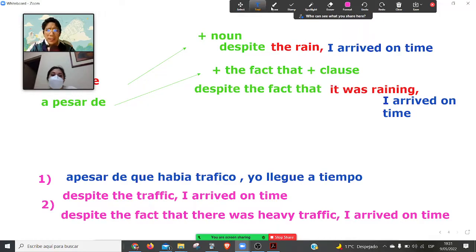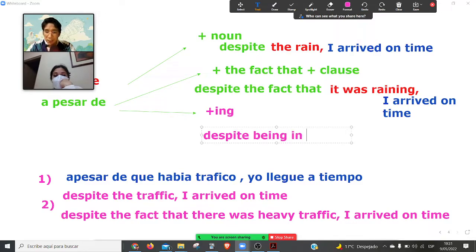Okay. Now, the most difficult one, but it's not impossible to learn it. A pesar de plus ing. Carlos, what is that? For example, despite being in traffic, despite being stuck in traffic, what happened?